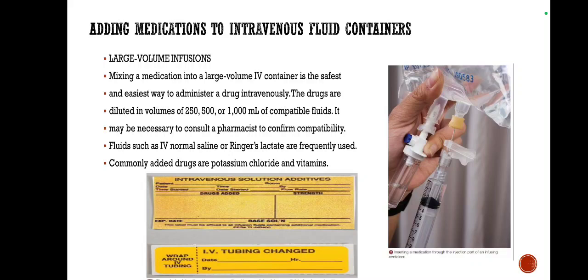Fluids such as IV normal saline, or PNSS, which is plain normal saline solution, or lactated Ringer's are frequently used. Commonly added drugs are potassium chloride and vitamins. Medications such as antibiotics can also be diluted or infused with IV.